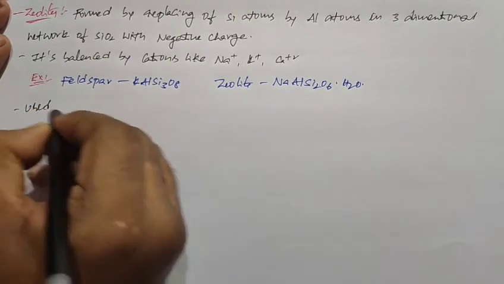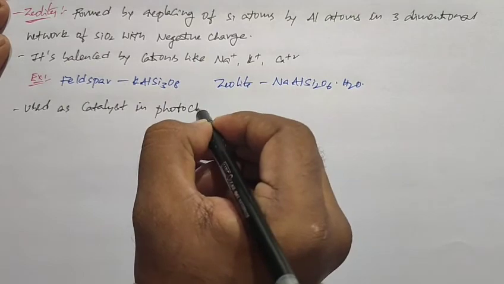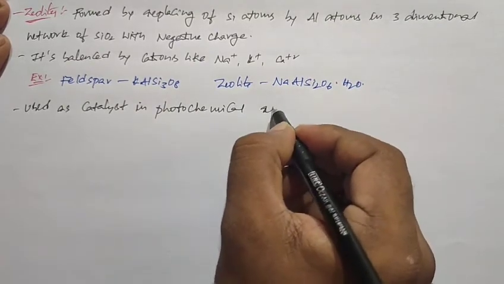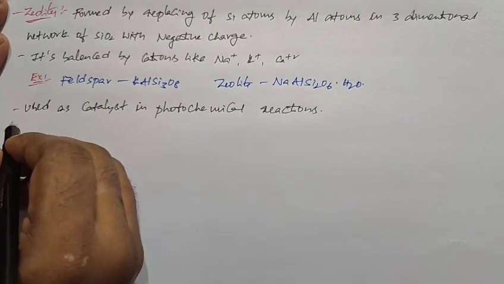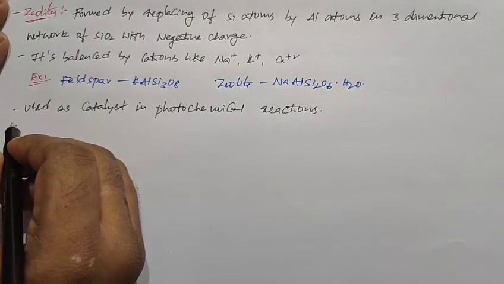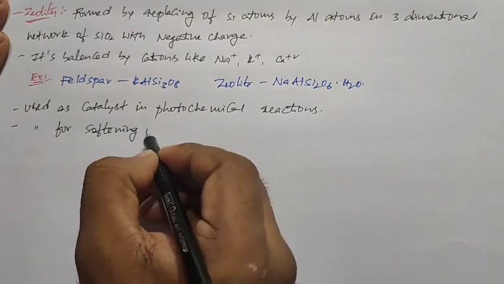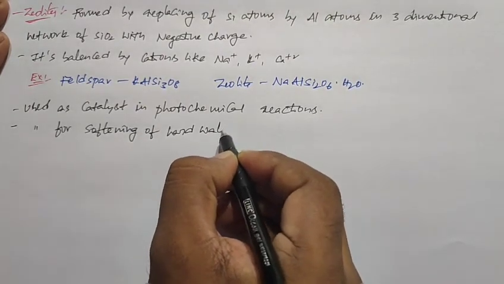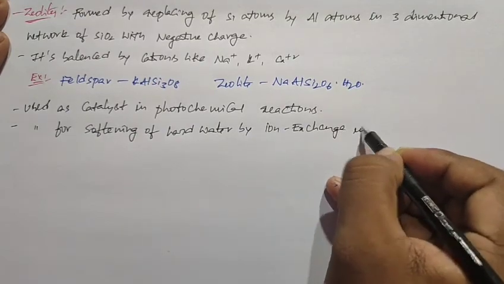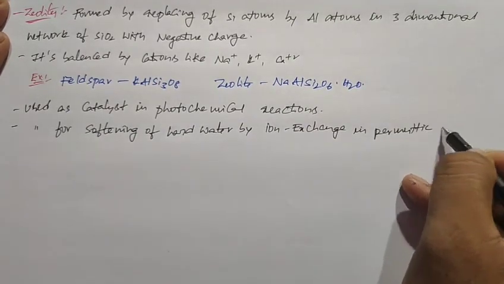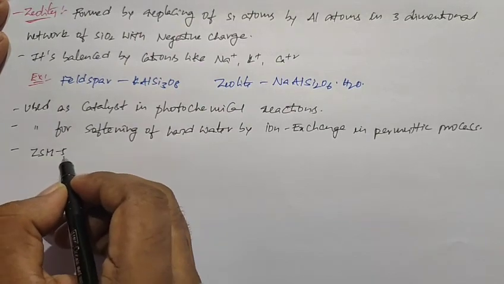Zeolites are used as catalysts in petrochemical reactions. They are also used for softening hard water by ion exchange in a permutit process. Among the zeolites, ZSM-5 is a good example.